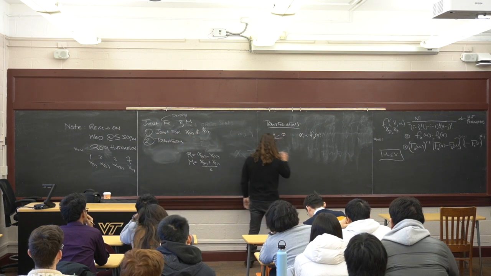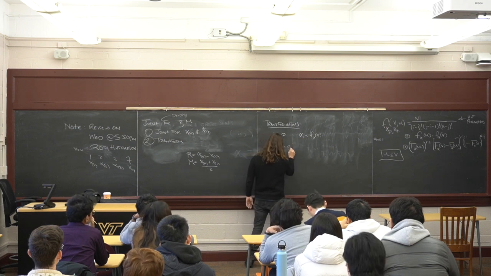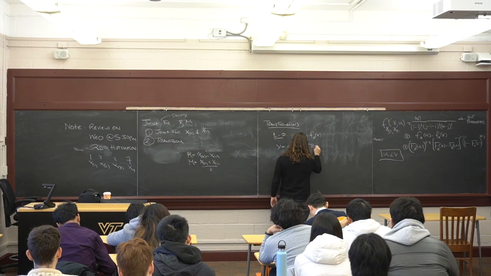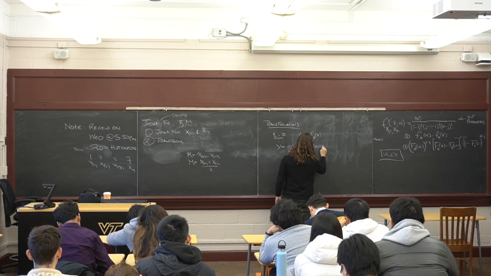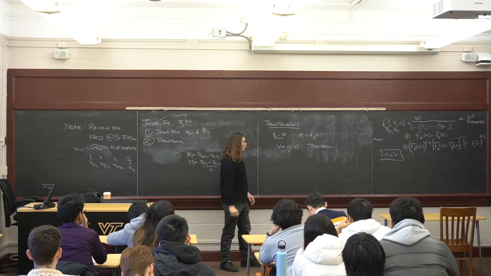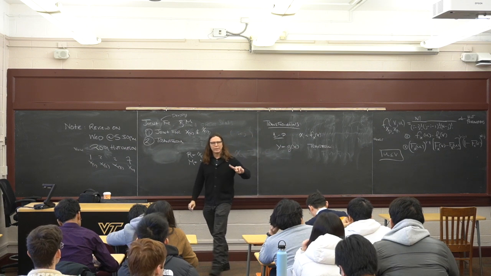If you wanted to transform, let's say I ended up having y is equal to g of x. So that's some transformation. And I'll just make it real easy. I'm going to say that this transformation function is one-to-one.